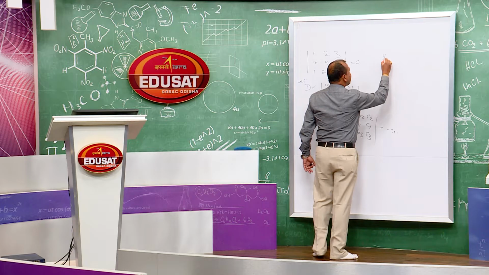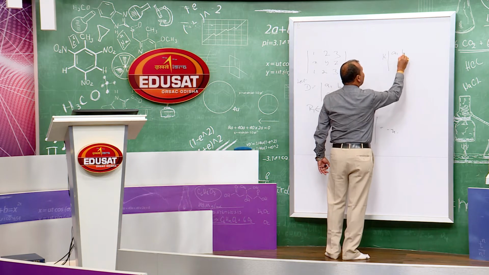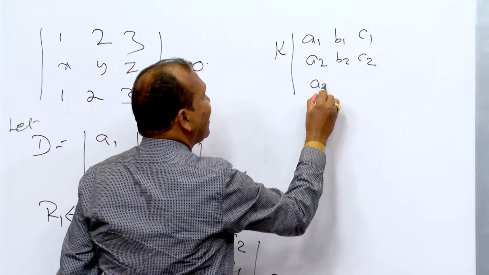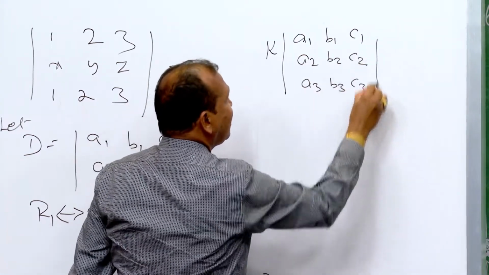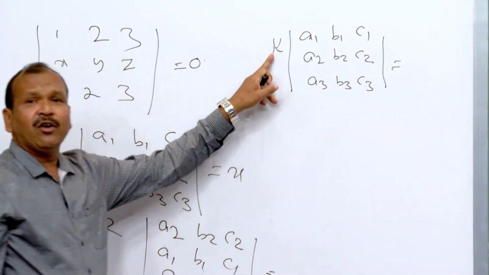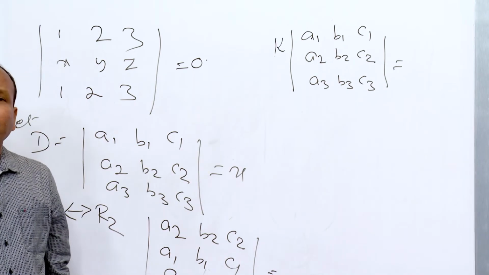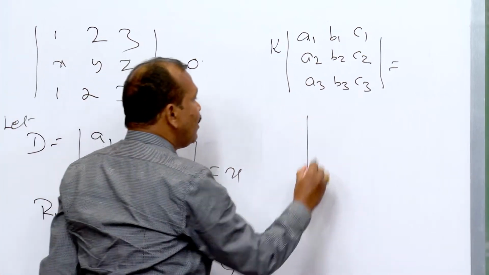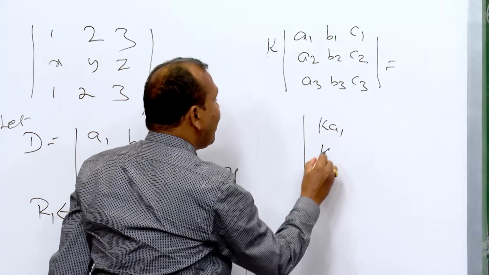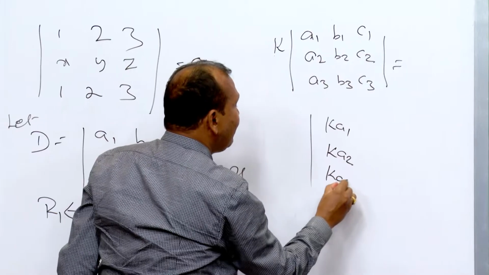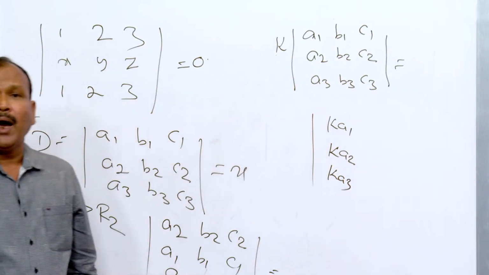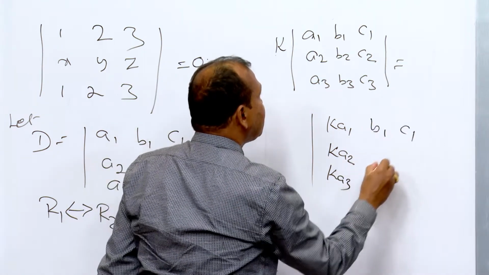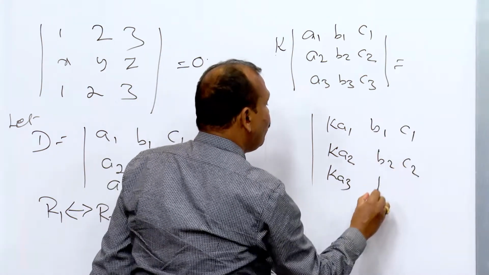Suppose k, and a determinant is A1, B1, C1, A2, B2, C2, A3, B3, C3, then this constant k is multiplied in any one of the rows or columns. That becomes kA1, kA2, kA3. Here k is multiplied in the first column and the remaining elements remain unchanged, B1, C1, B2, C2, B3, C3.